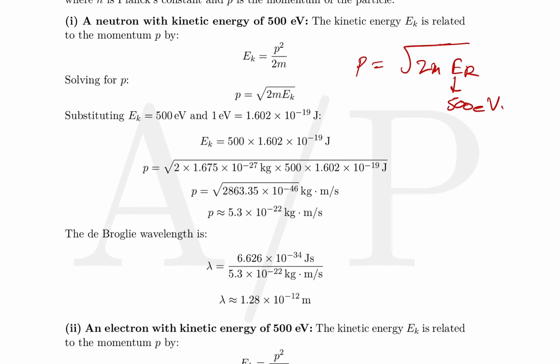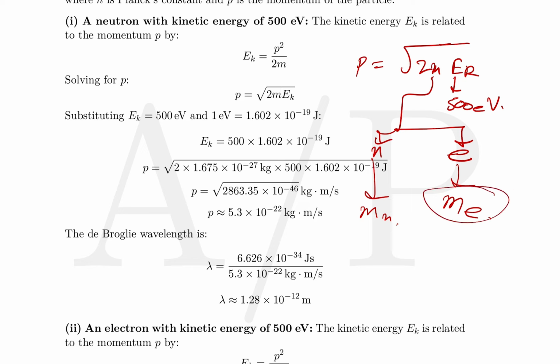Now mass can be of one type, it can be for neutron, and other it can be for electron. So mass of electron is me, and mass of neutron is different than mass of electron, mn. Okay, so what changes in the entire calculation is just the mass of electron and mass of neutron. Otherwise they both are subjected to the same energy, that is 500 electron volt.